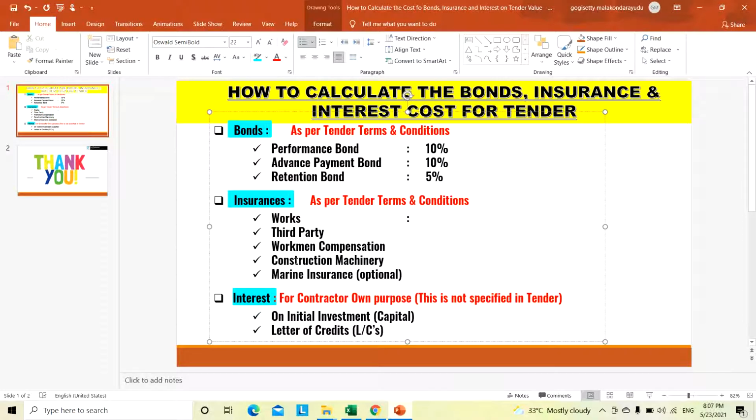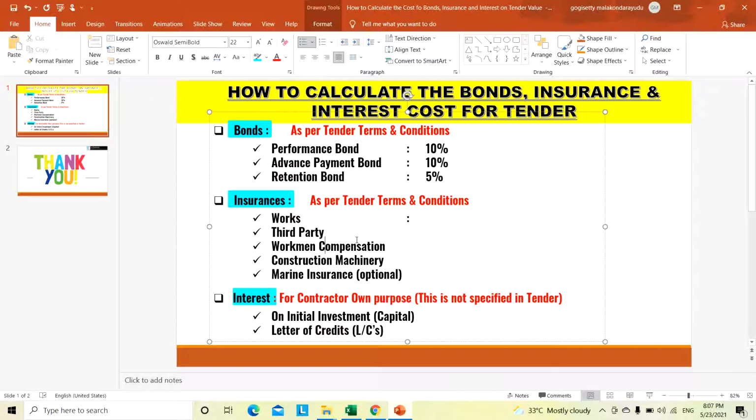Also, how much insurance value we want to take is mentioned in the tender terms and documents. Suppose $1 million, $2 million, $3 million, like that it will be mentioned in the tender document.